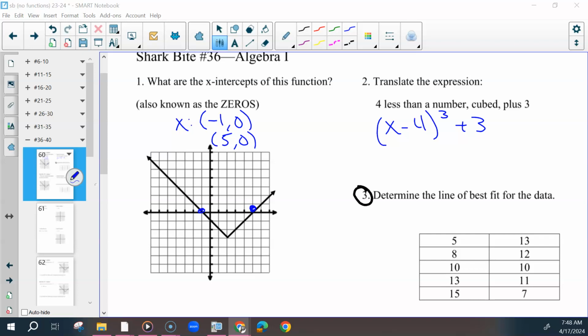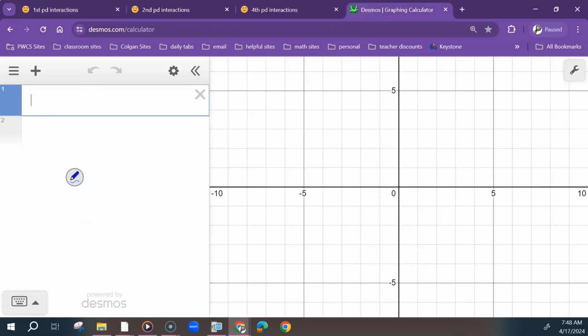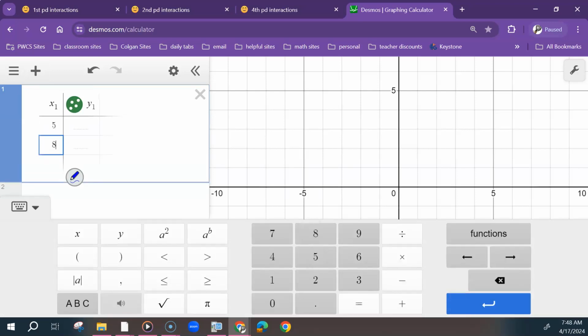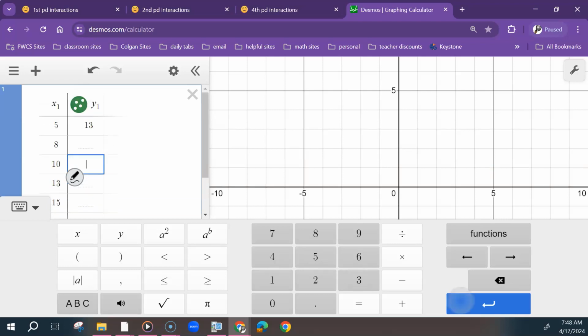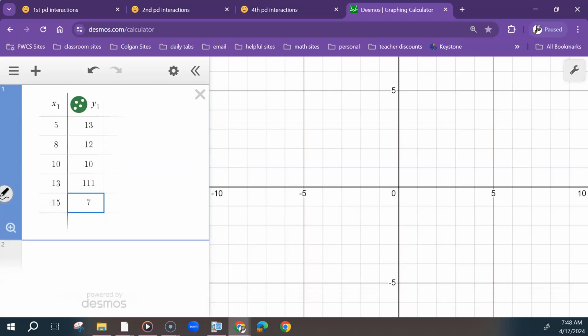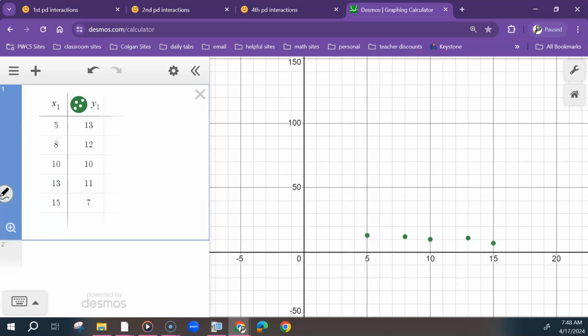Great, and then number 3, find the line of best fit in Desmos. There we go.